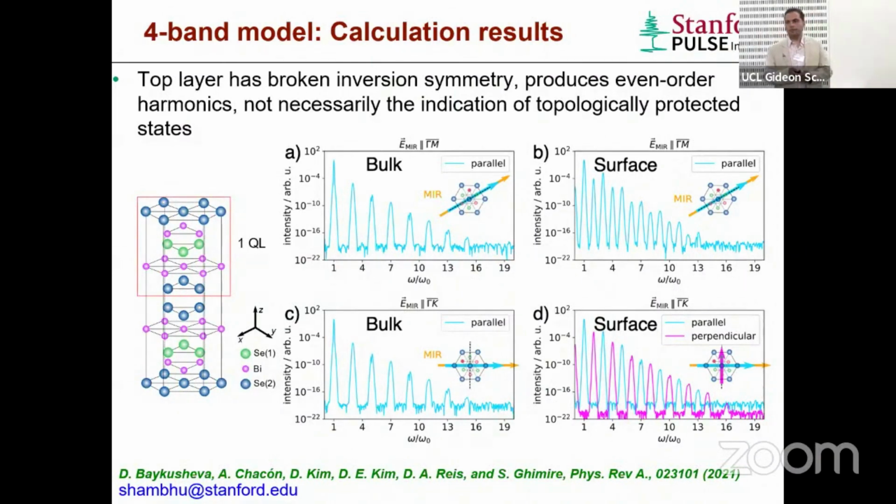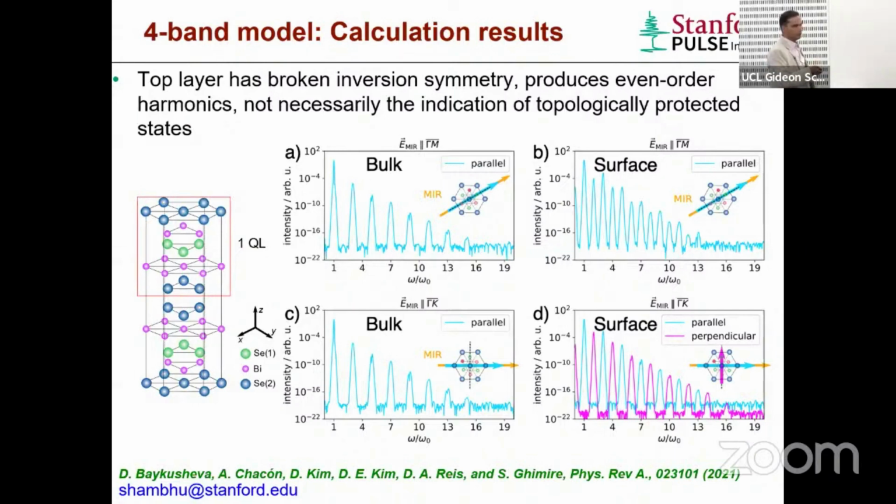Okay, so as I said earlier, one of the challenges is to separate the contribution from the surface, right? So at least in this material system, this is the crystal structure of bismuth selenide. It is also a layered material, very similar to MoS2 in that sense. If you just look at the top layer, which is shown here in the inset, there are some orientations where you break the inversion symmetry, only on the top layer, only on the surface.